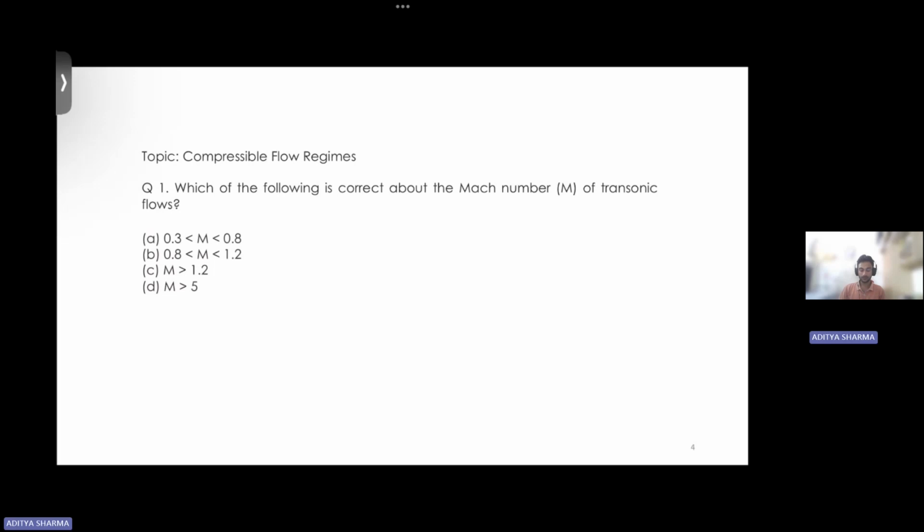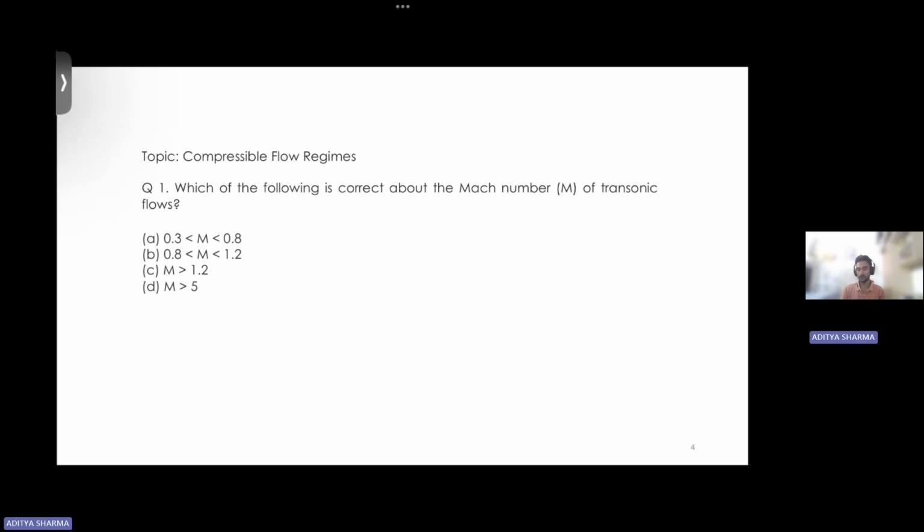If you see the number 0.3, if some Mach value is below this number, we consider that flow to be incompressible.